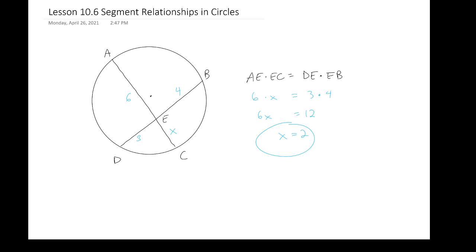All right. Next. Let's start to get a couple other segments that can happen here. For example, when we have secant, right? So we already talked about this in our previous lesson.